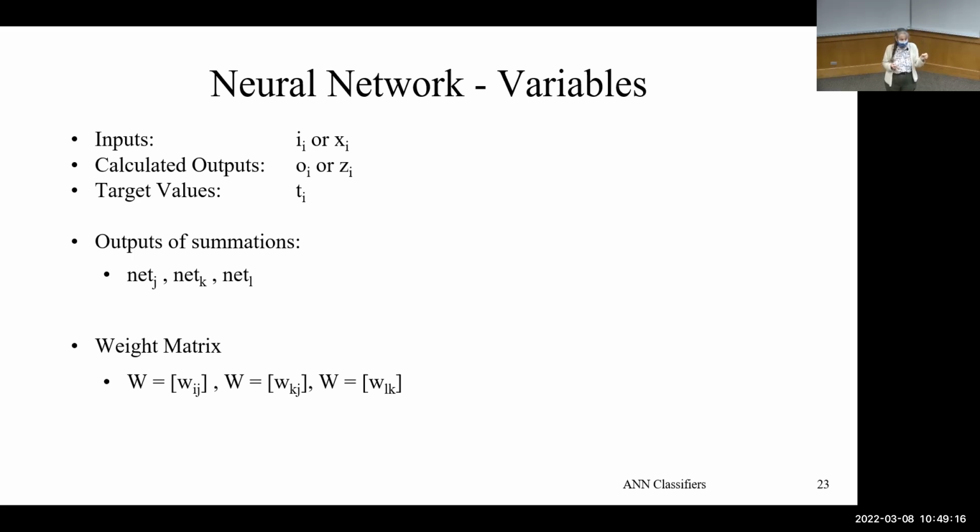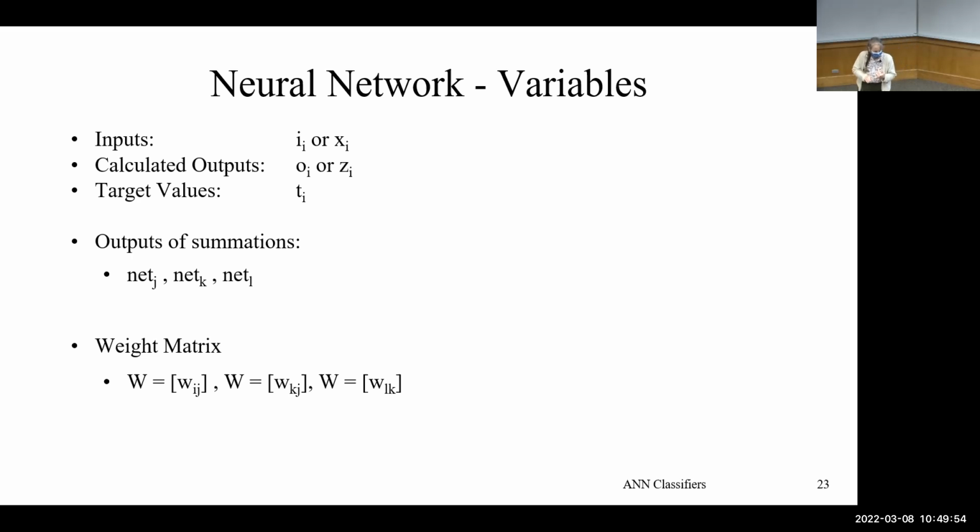Outputs, O for output, or Z, because we're going to have the X, Y, Z. Target values, T for target values. What we want. What's our secret code for A? What's our secret code for C? The output of the summations we call net.